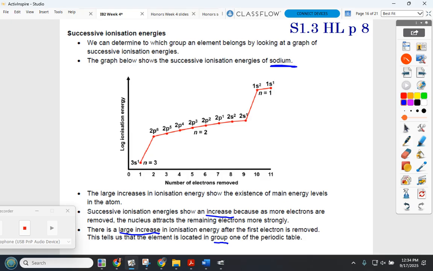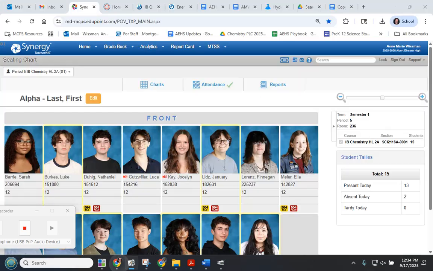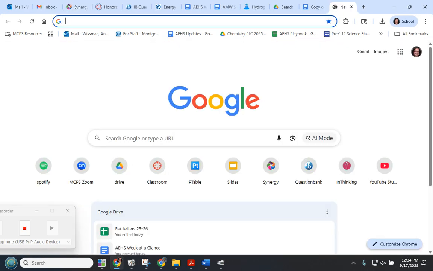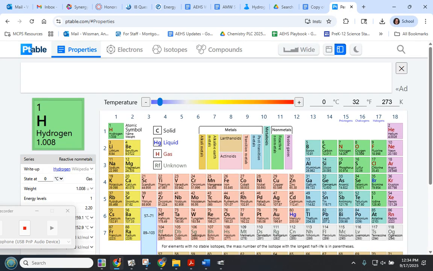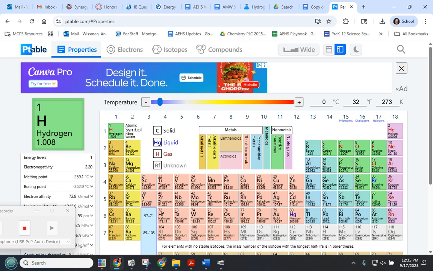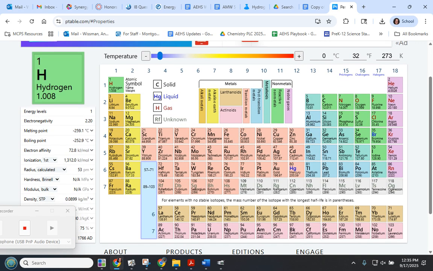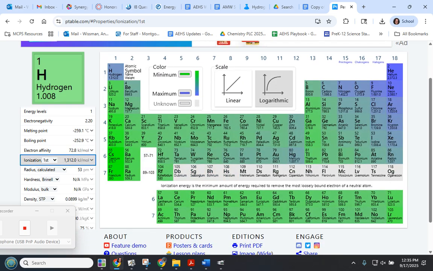That's a great question, and this is where I understand why the NSJ Chem, who puts these together, did include some stuff on periodic trends in ionization energy. So for elements just by themselves, there are trends. If we use p-table to look at first ionization energy, okay, we can see that it gets harder and harder as we go across to remove that first electron, and any successive ones are going to be higher than that, okay?